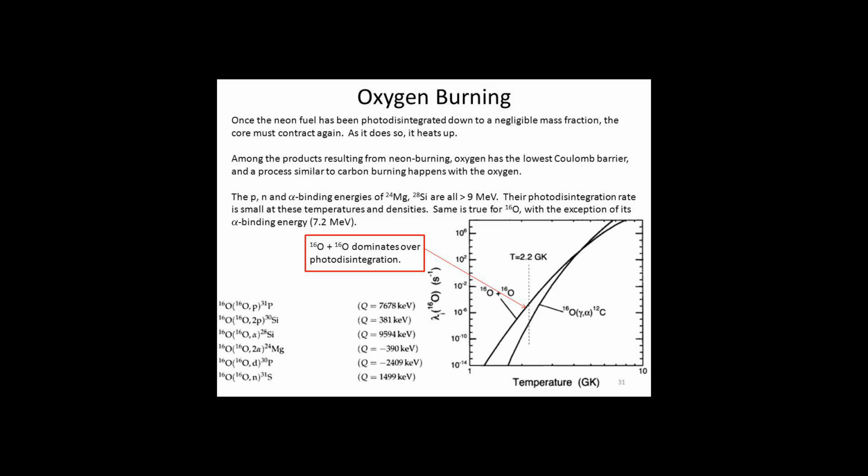At the onset of oxygen burning, oxygen in the stellar core is plentiful due to the helium burning process, 4He(2α,γ)12C(α,γ)16O, the carbon burning process, 12C(12C,α)20Ne(12C,α,γ)16O, and the neon burning process, 20Ne(γ,α)16O.